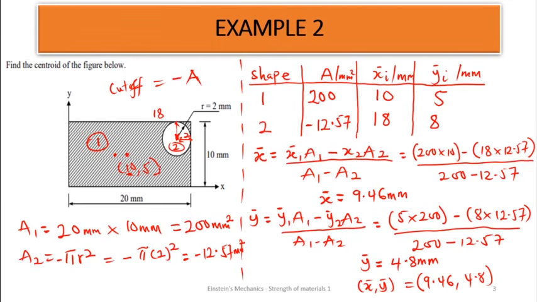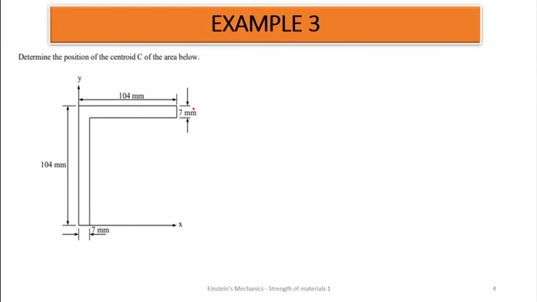Let's look at the last example and determine the centroid. So determine the position of the centroid C of the area below. So the same approach, a very simple way to determine that. So these two, how many shapes can you obtain from this? I can get 2, where I get that as shape 1. I get this as shape 2.